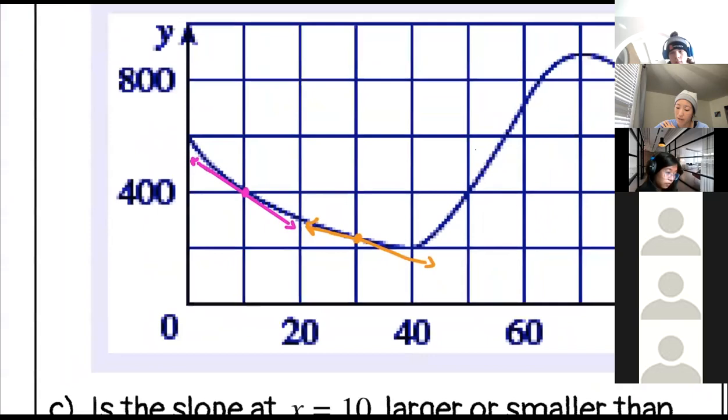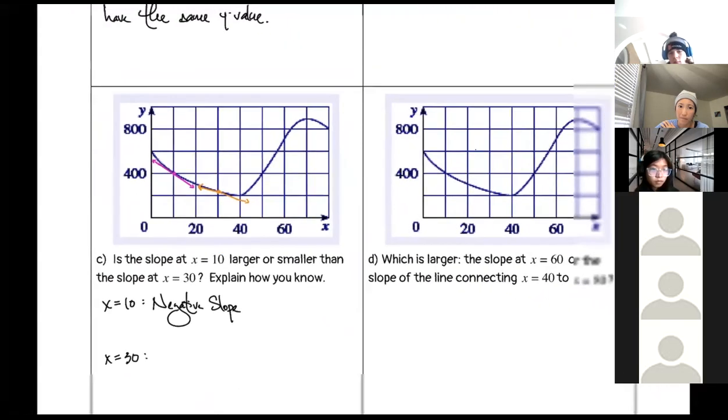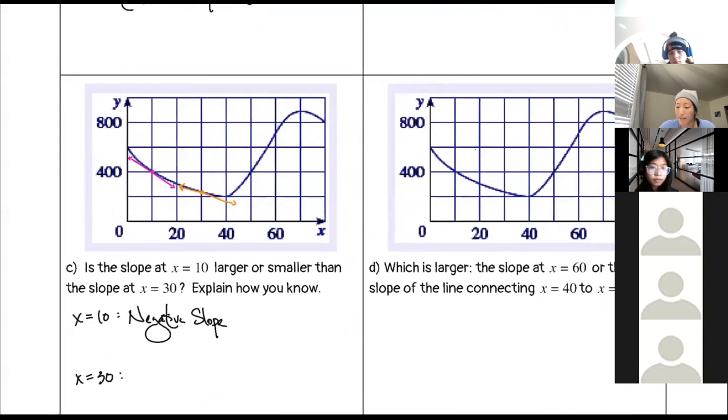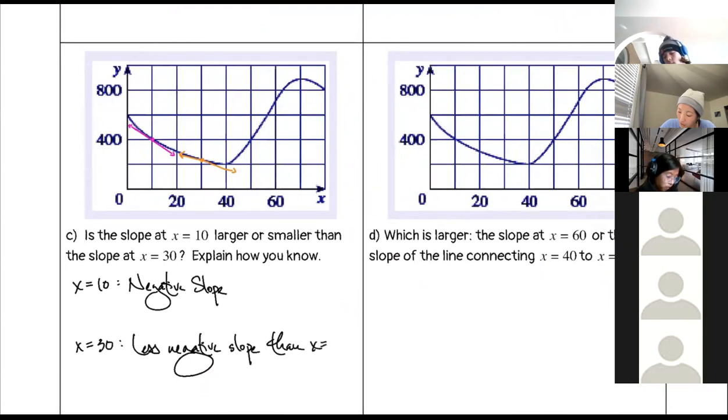And so now if we zoom back out, Ethan, your picture before we erase the annotations is probably far better than mine, but the orange line is a little bit less negative. I would say it's still negative, but it's a less negative slope than at x equals 10.